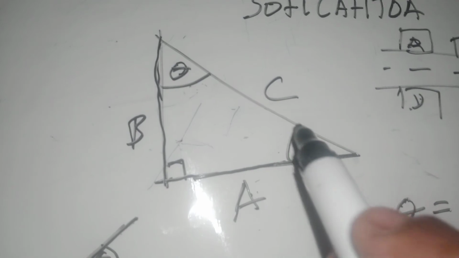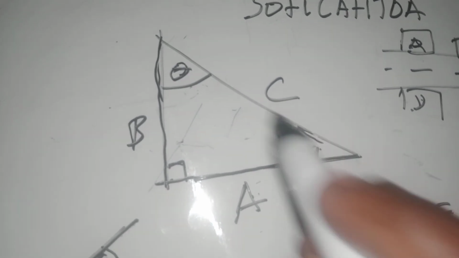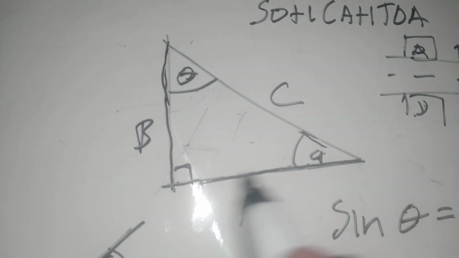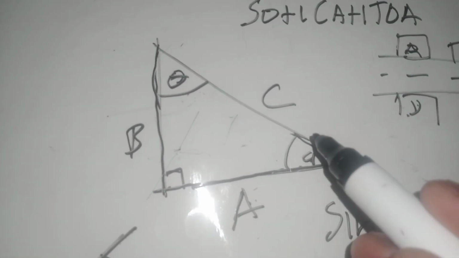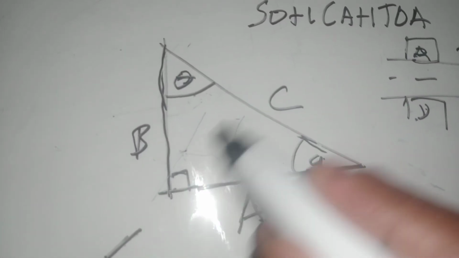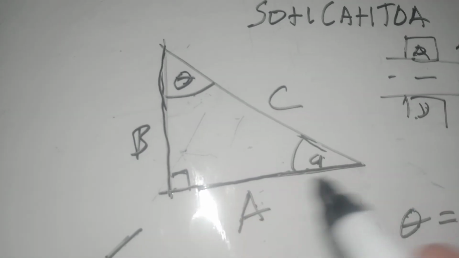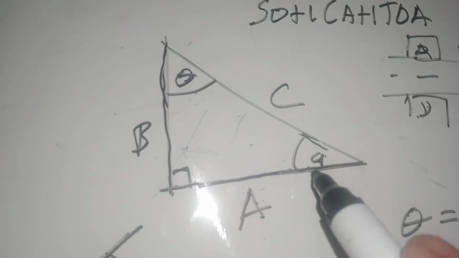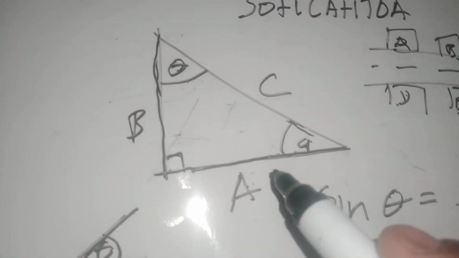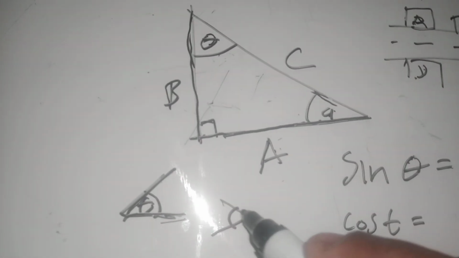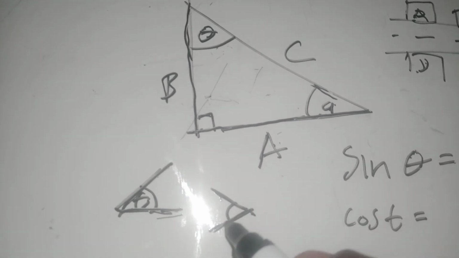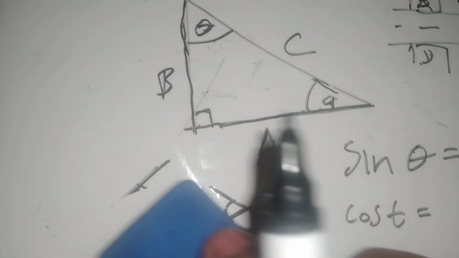But if we're looking at this angle, it's between this line and this line. That's what makes the angle. This one will be our hypotenuse because the right angle is facing it, while this side is our adjacent. So it's always like that. Whenever an angle is between two lines, one of them will be the hypotenuse, the other one will be the adjacent. It depends on where the right angle is directly facing.